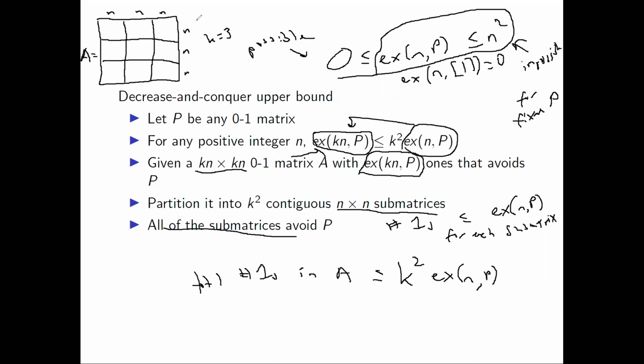But really, all of these submatrices were the same subproblem. They all reduced to this subproblem because we're just trying to get an upper bound. And we can say that all of these submatrices have an upper bound of EX(n, P) on the number of ones inside them. So that's a simple example of decrease and conquer for 0-1 matrices.